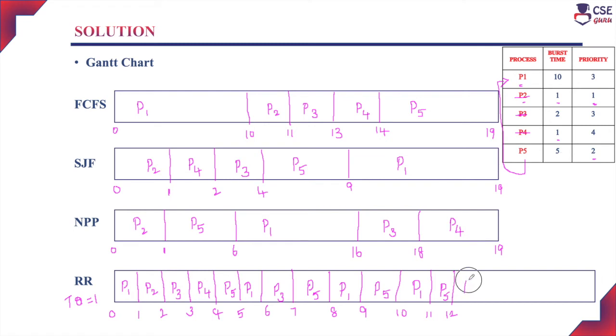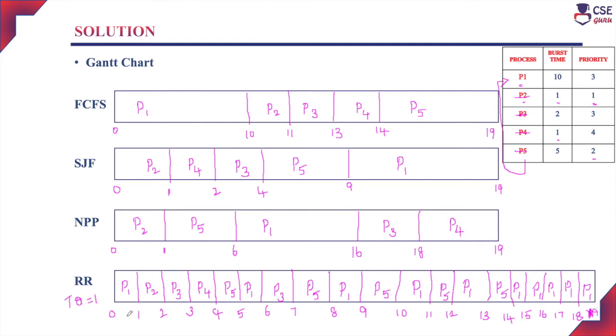So next is process P1 with 1 millisecond, then process P5 with 1 millisecond. Now process P5 has completed its execution and also leaves the job queue. Next, process P1 requires 5 more milliseconds to complete its execution. Now process P1 also completes its execution.